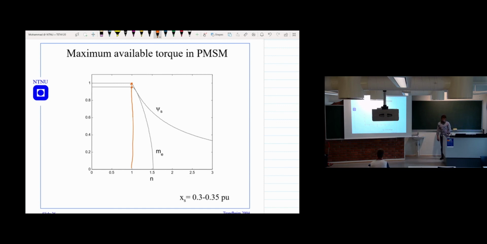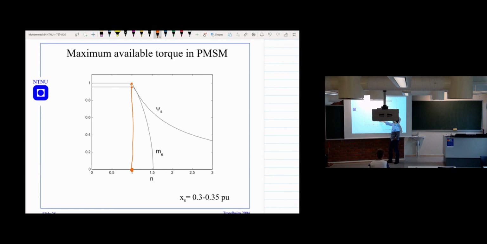If you want to increase the speed beyond 1 per unit, you need to apply field weakening. So if you apply the field weakening, what is happening? The torque is reducing, so we don't want this action.